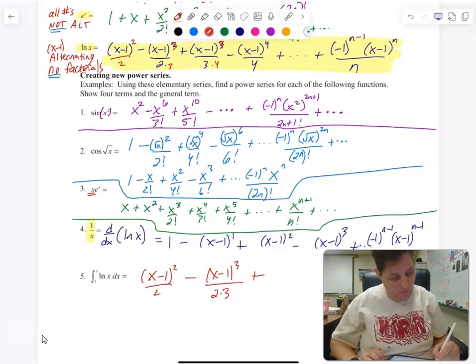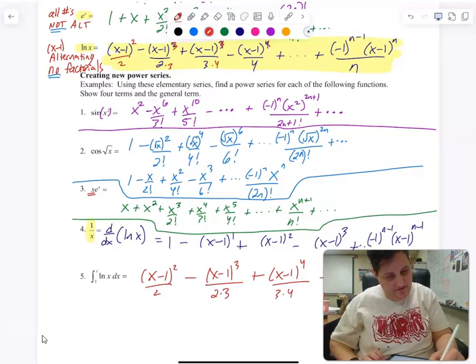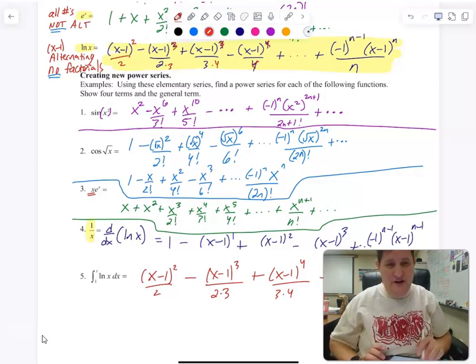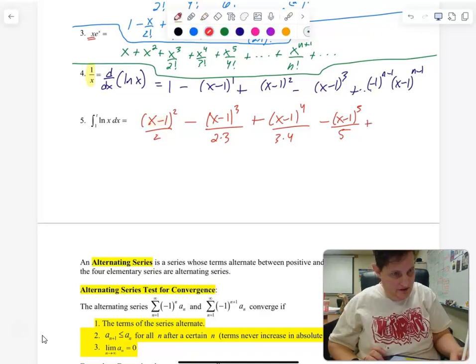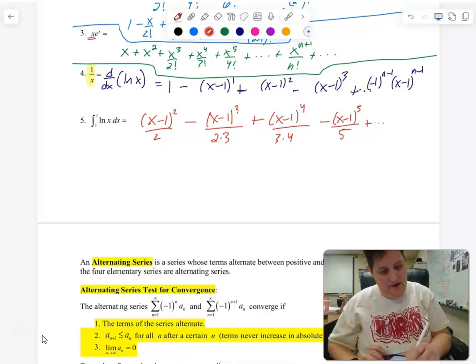That's 4 over 4. And then that's 5 over 5. And by the way, the reverse chain rule tells me that because these are all 1s inside, multiplying or dividing by 1 is fine. Plus dot, dot, dot, right? And we're going to evaluate this from 1 to t.